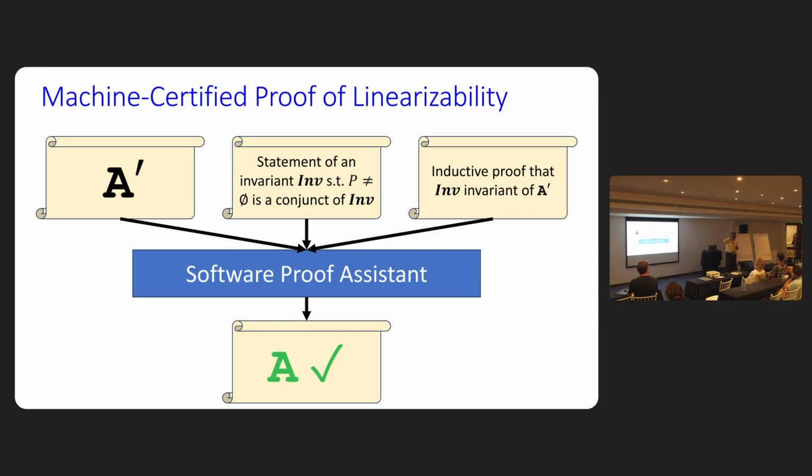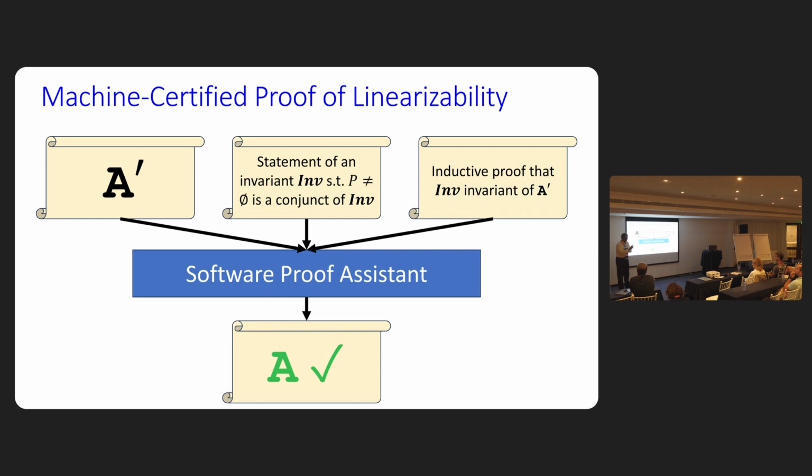So I just need to be convinced that they produced the certification that this algorithm meets this invariant. Once I see that certificate, I don't need to worry about the proof of that linearizability. I don't even need to look at the code of that algorithm to see what is going on.